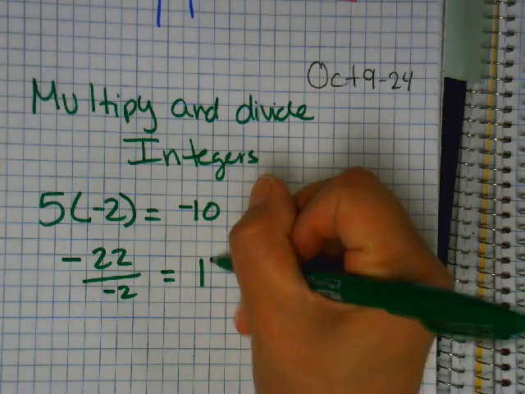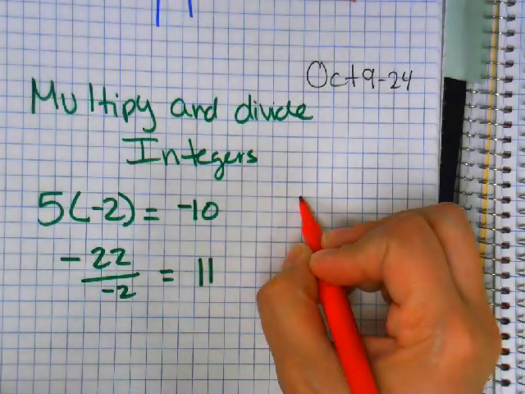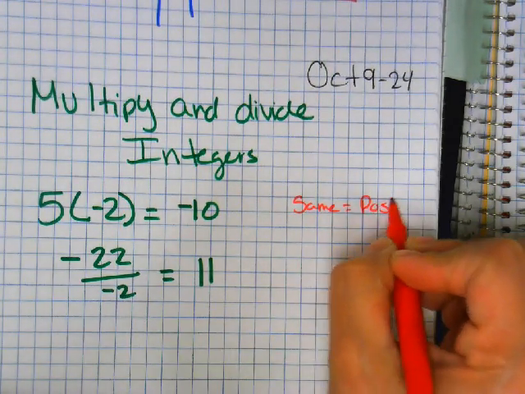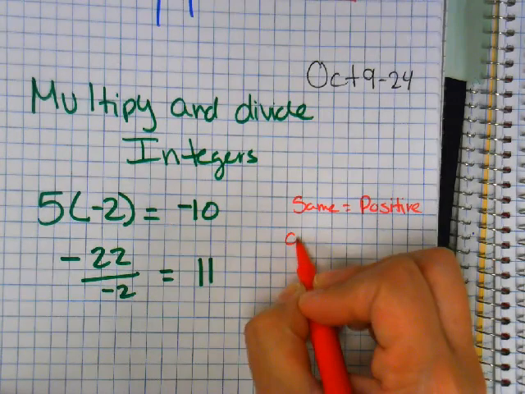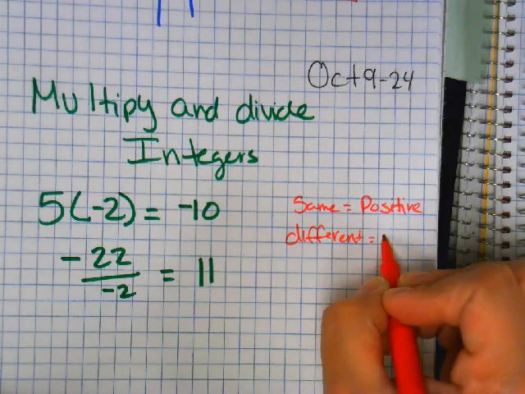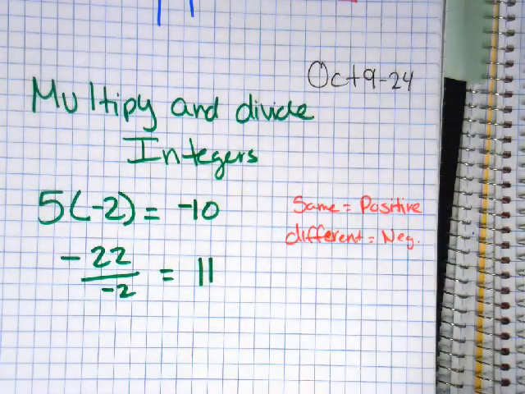Positive 11, right? So basically, if the signs are the same, it equals a positive. If they're different, it equals a negative. You wrote that in your little thing, right? So just a little review.